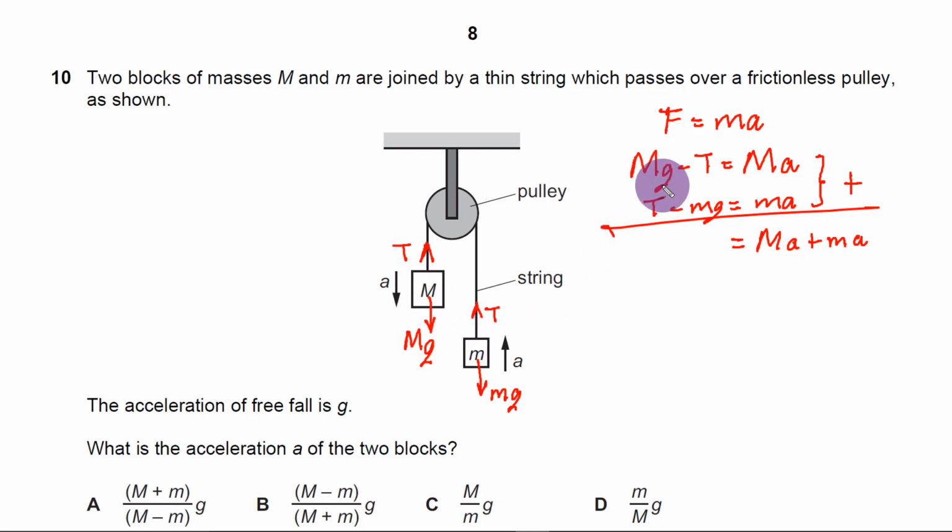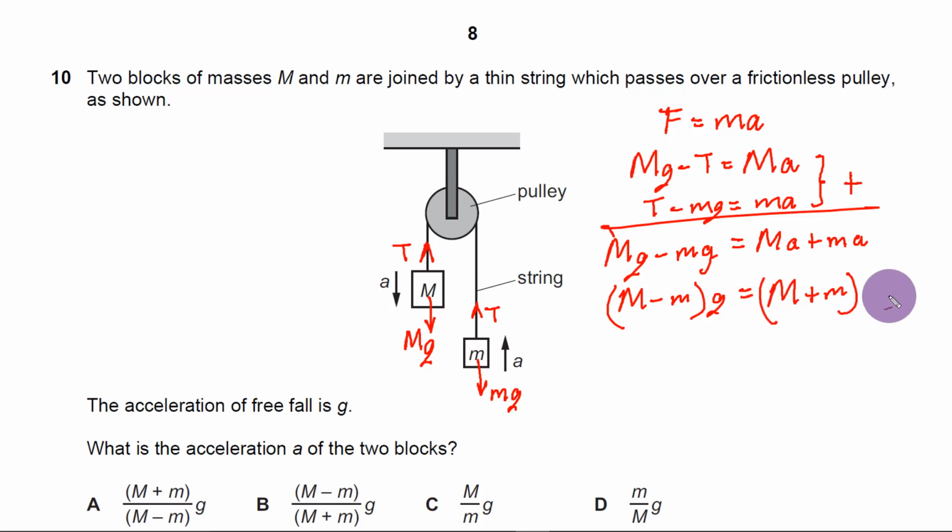When it comes to this one, Mg minus T plus T minus mg, when you add these expressions downwards, the T is eliminated and I end up with capital Mg minus small mg. And of course here I can get M minus small m times g equals M plus small m times a.